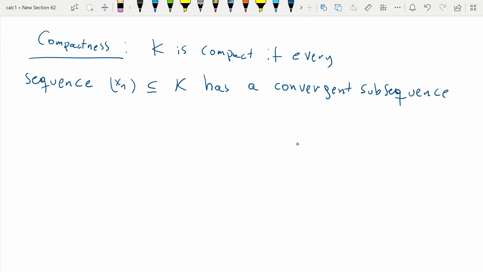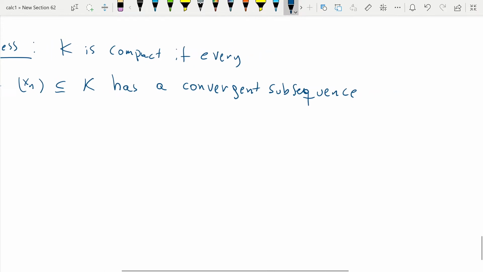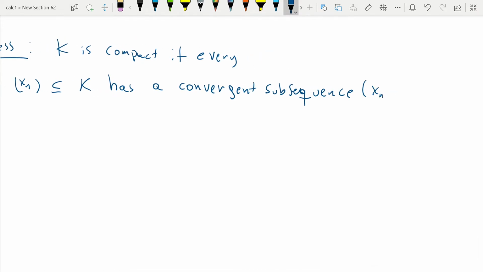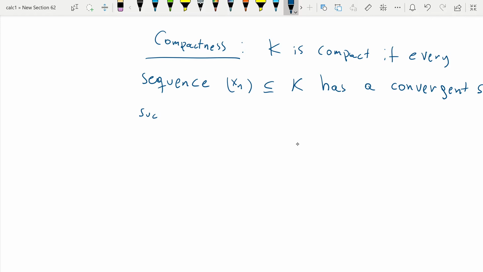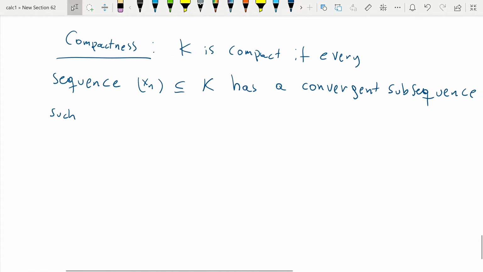So for the subsequence, we can denote this x sub n sub k, such that it is convergent, so xn converges to something, converges to x, and that limit x is in the set K. So this is the property.